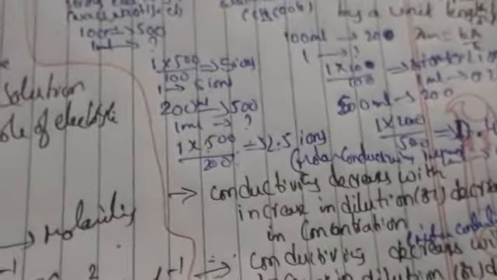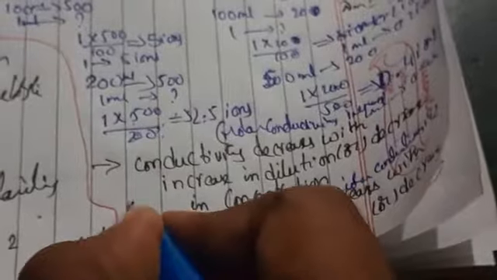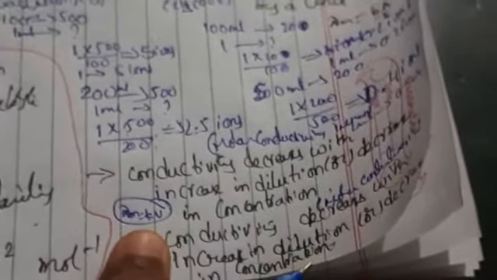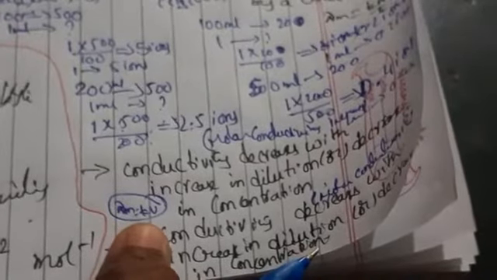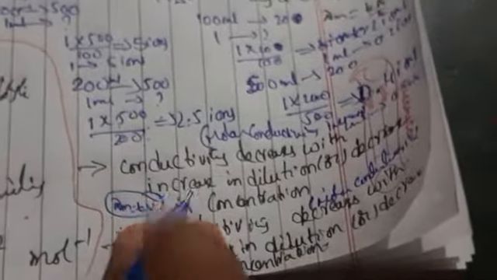Generally it has the relation lambda m. If L is equal to 1 and A is equal to 1, then lambda m is equal to Kv. Here lambda m is molar conductance, K is conductivity, and V is volume. Where A is equal to V and L is equal to 1, if you substitute in this formula, automatically you will get this.